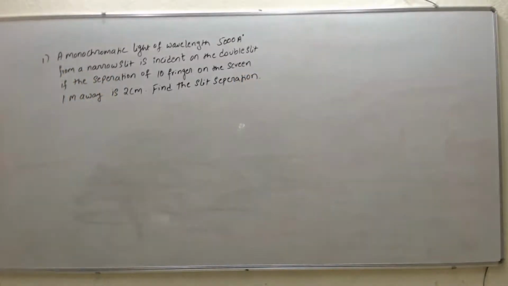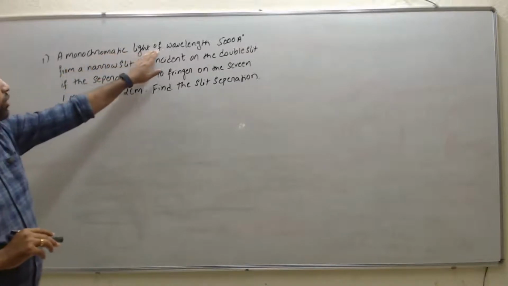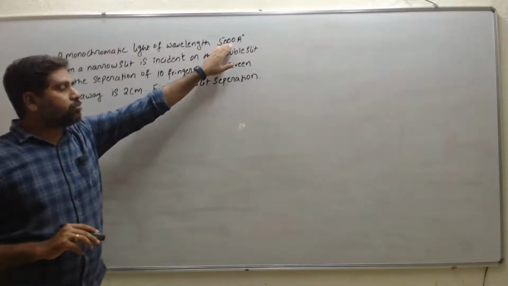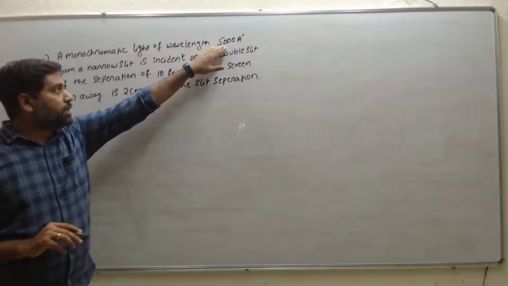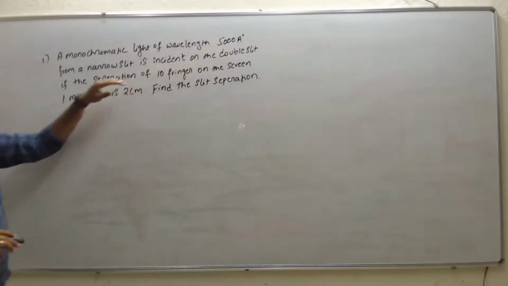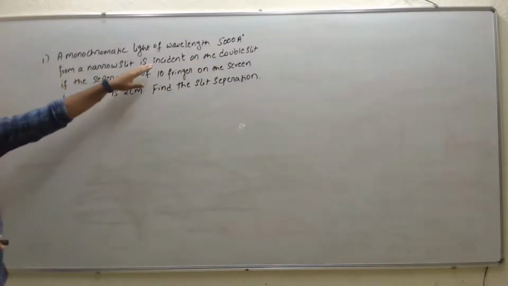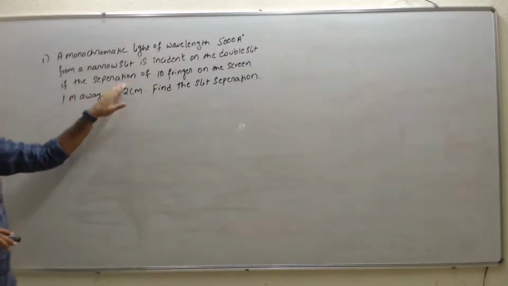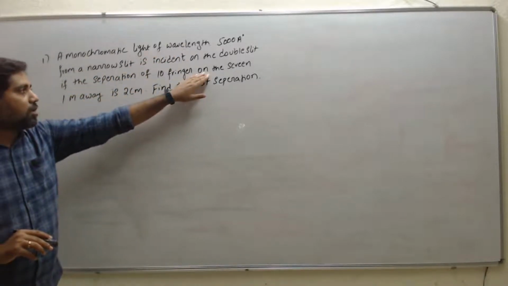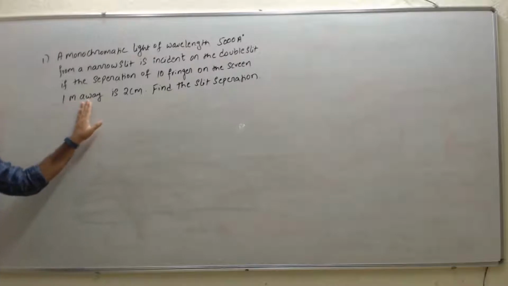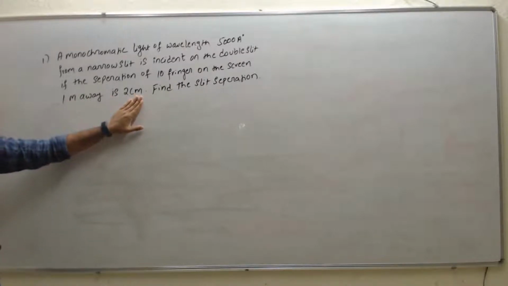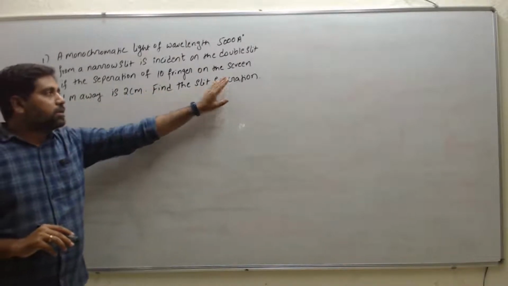So in this question they gave a monochromatic light of wavelength 5000 angstrom. So here the light we are using is 5000 angstrom, and from a narrow slit is incident on the double slit. If the separation of 10 fringes on the screen 1 meter away is 2 centimeter, then find the slit separation.